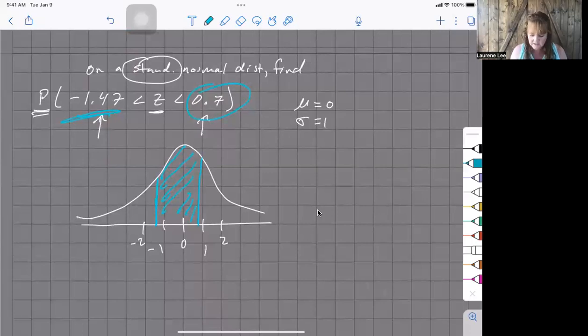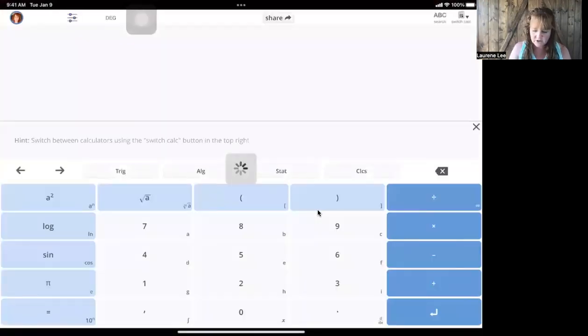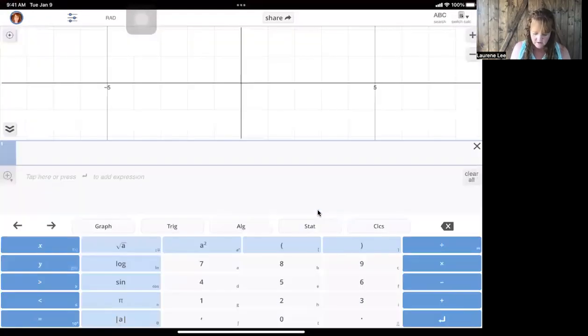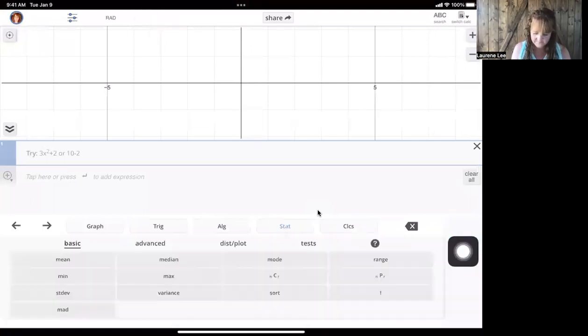Okay, now real quick on ClassCalc, just a quick reminder. You're going to go here, make sure you're in graphing mode up in the upper right-hand corner. That gives you access to all your statistics stuff. I'm going to hit statistics right here, and I'm going to distributions and plots.